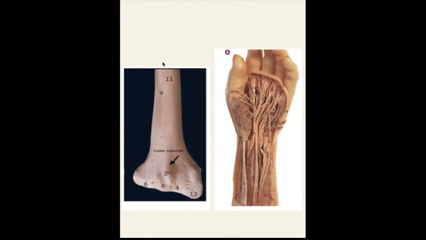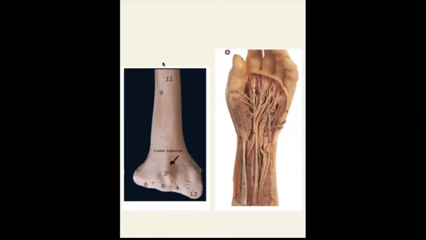And the floor is formed by the scaphoid and lunate. The contents are the radial artery, cephalic vein and superficial branch of the ulnar nerve, right?